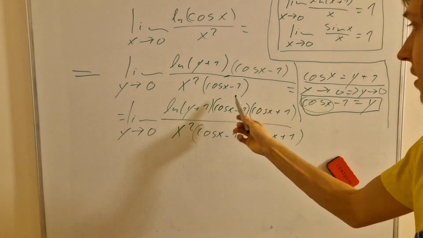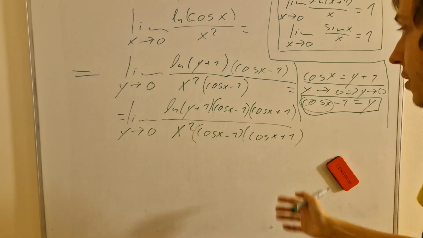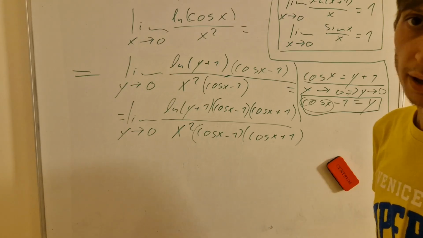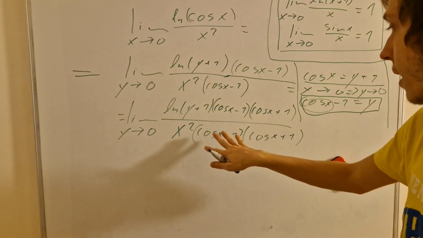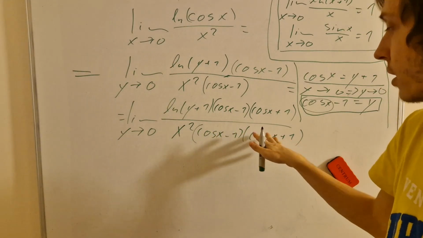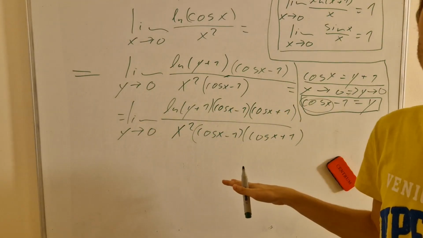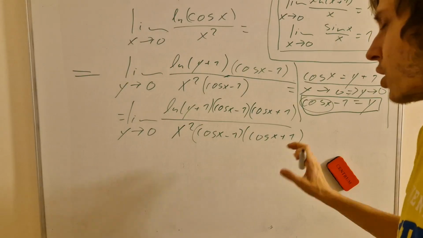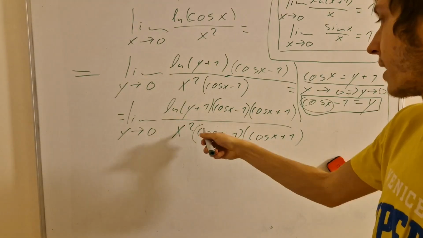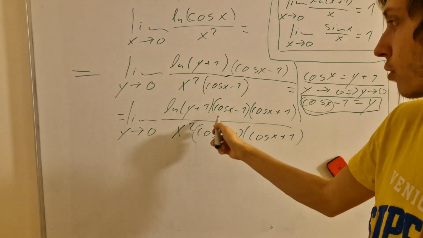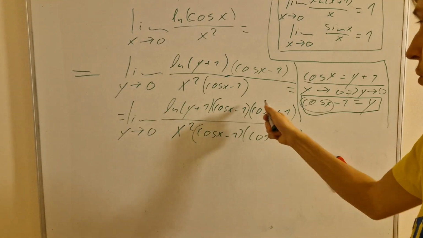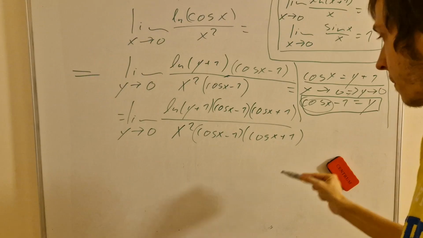But what gives this, both in denominator and numerator, it would be almost an idea, maybe, to do cosine squared x minus 1 in denominator and numerator as well. But we only have to rewrite as such in the numerator, because in the denominator we will actually have to go back from cosine x minus 1 to y to make use of the ln of y plus 1 in the numerator gradually. So we'll only rewrite it to sine squared x in the numerator.